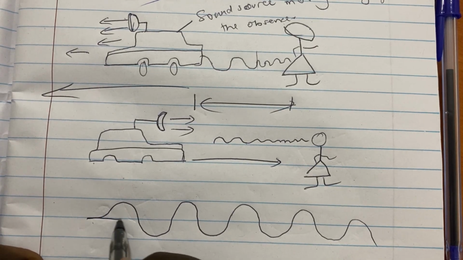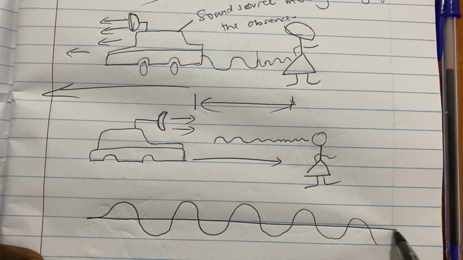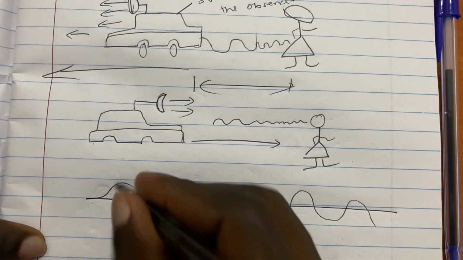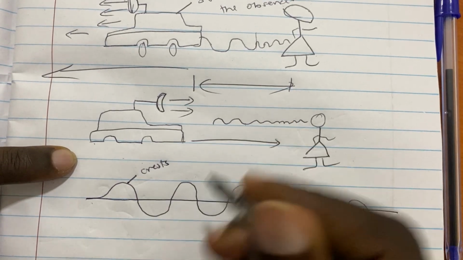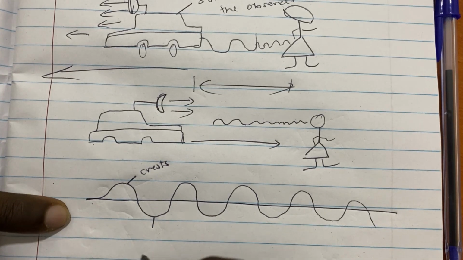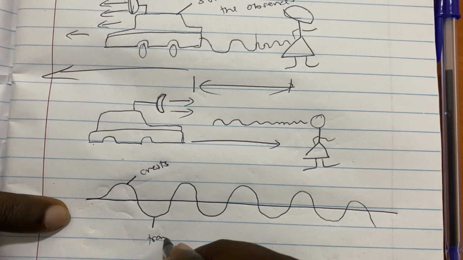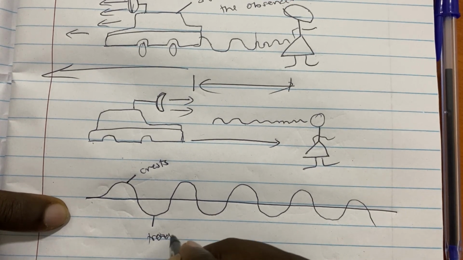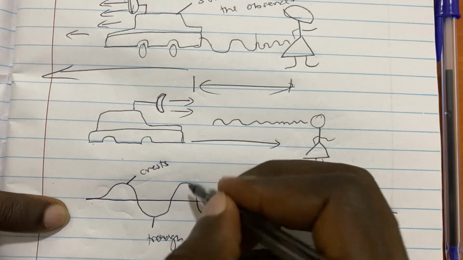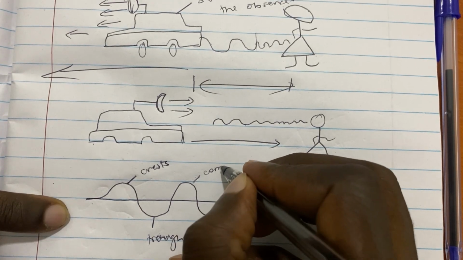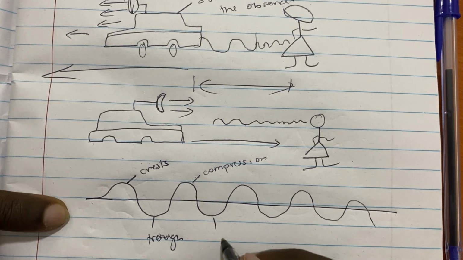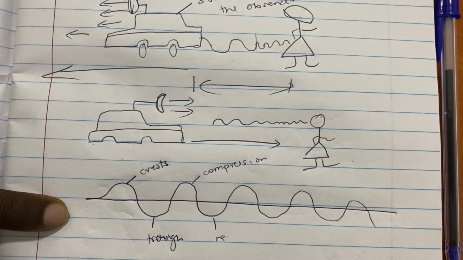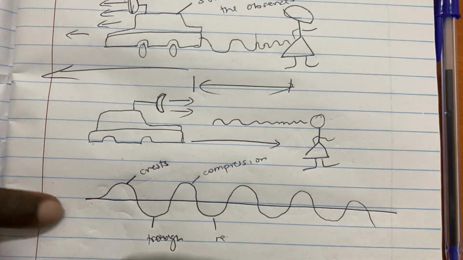So there is always a baseline. What did we call these ones? We call these crests and troughs, compression and rarefaction.